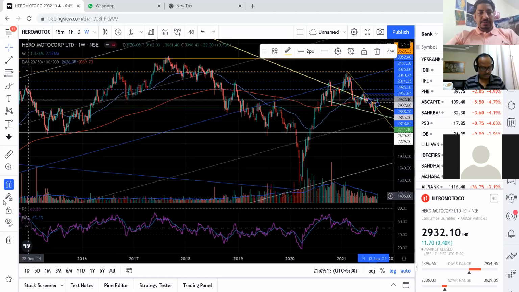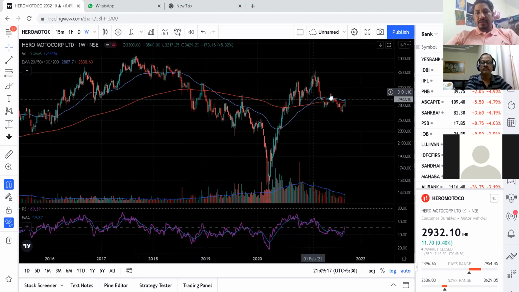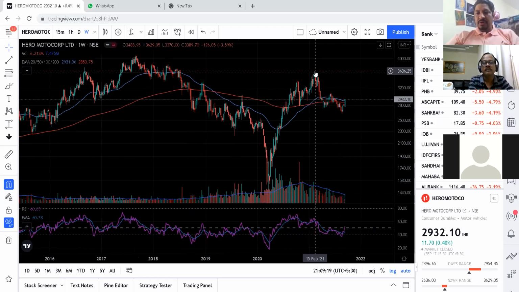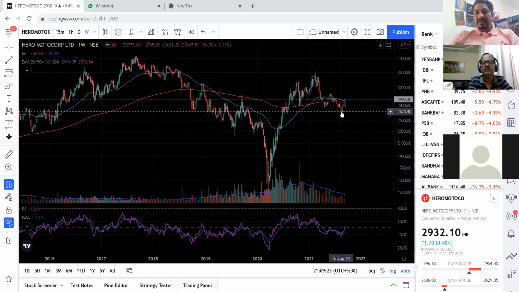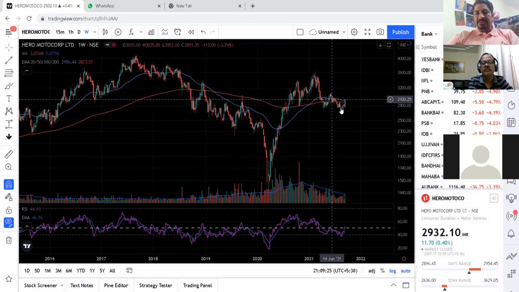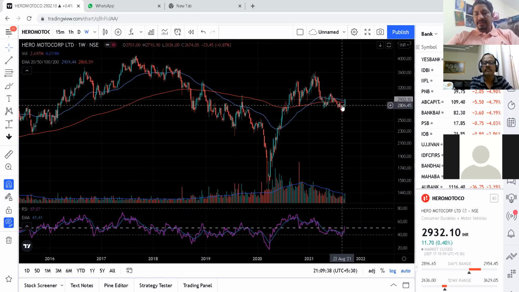Let me close the drawings to stop the confusion. Say, anyone who is following Hero Moto knows that this price is under correction. So when something is under correction, what kind of pattern will you wait for? Any reversal pattern, right? If you want to go long in this particular stock, because it's already under correction, right?